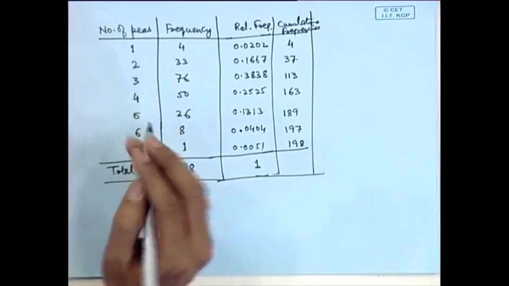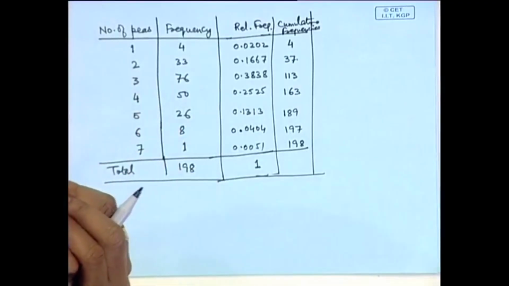So, the total number of values that we are considering are too many. This is called continuous data, and in that case it is more appropriate to split the data into intervals.